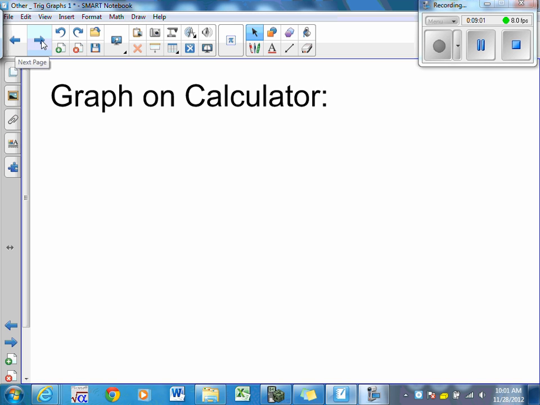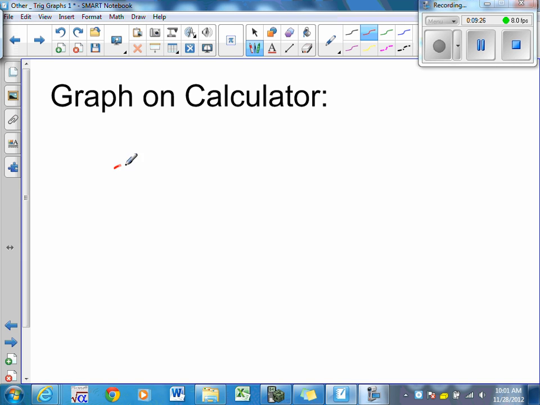Now, it's hard when we graph it on the calculator because it's hard to see these points. So these we really can't do easily on the calculator. We really need to try to graph these by hand. But with that said, I want us to start trying to experiment with this on the calculator. So I'm going to give you a couple of problems here, and I want you to graph these on your calculator to see what happens.